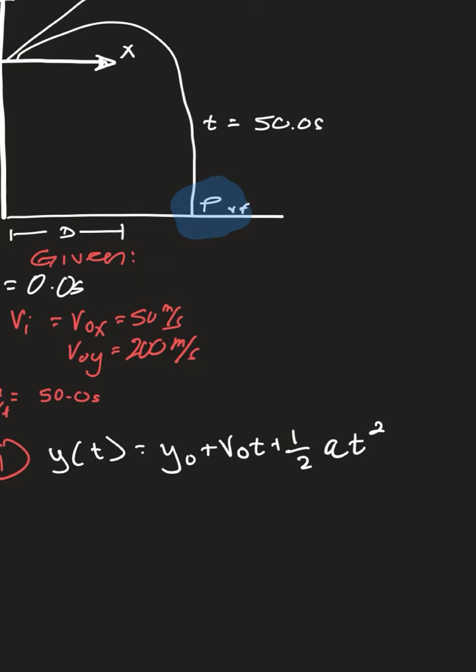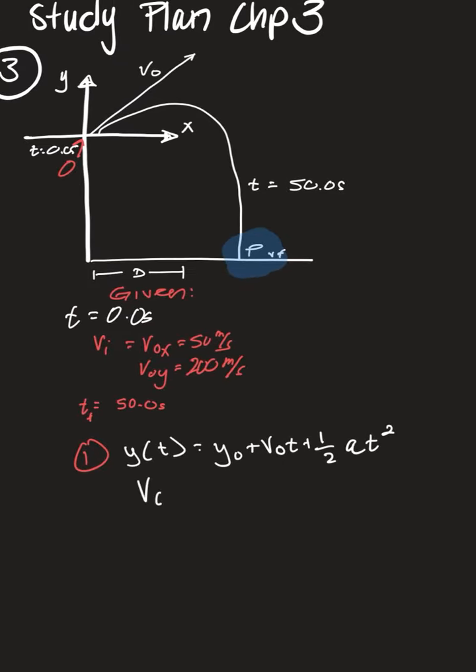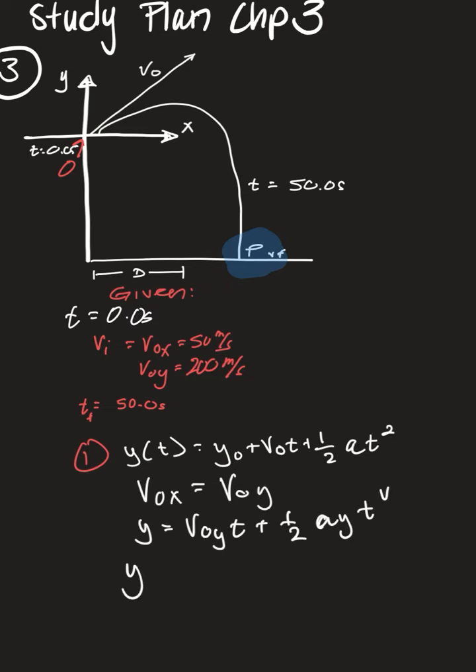And now we know that Vox equals 50 and Voy equals 200. So now we do this: y equals Voy times t plus 1/2 a_y t squared. So now we do the 200.